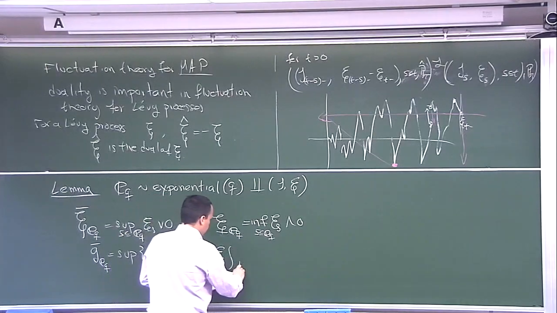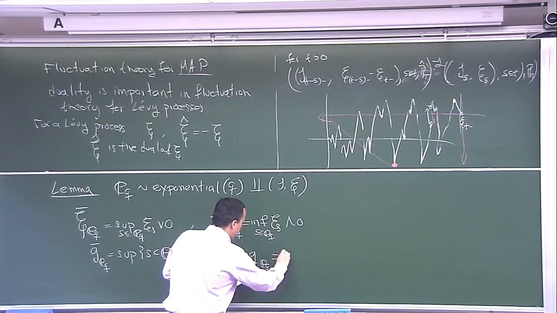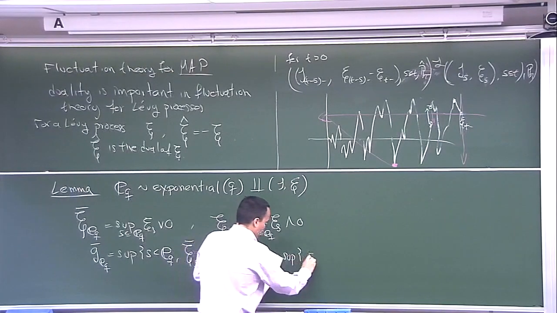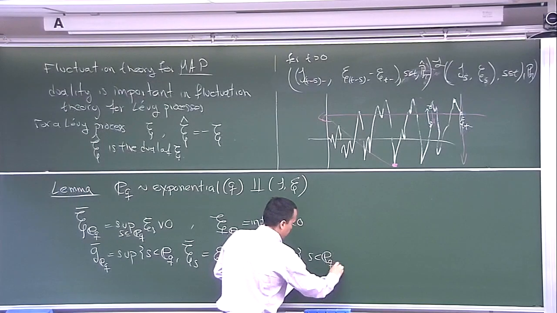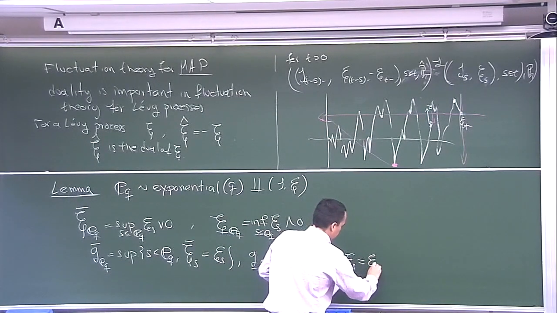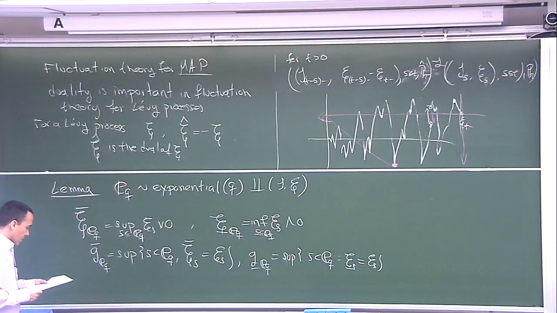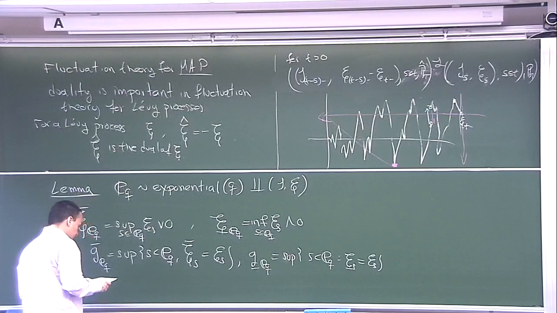and then the last time where we reach an infimum, okay? Then we have the following identity in law.